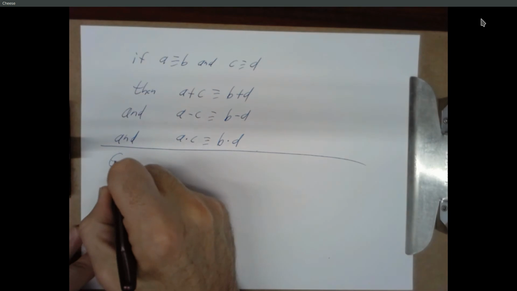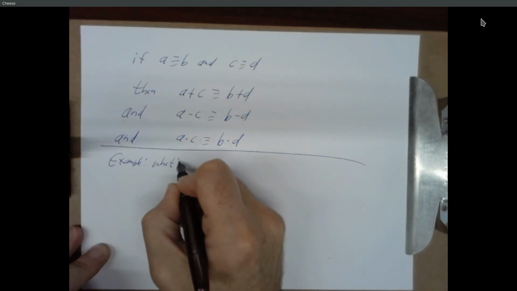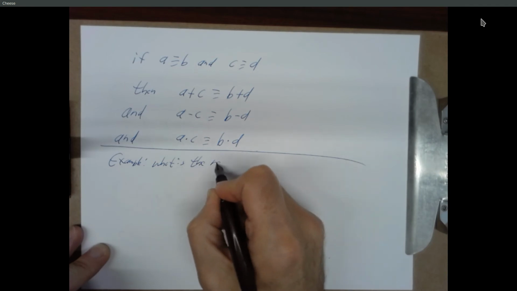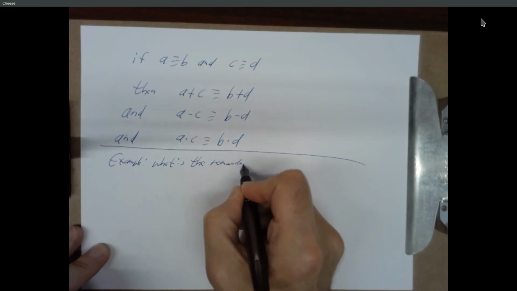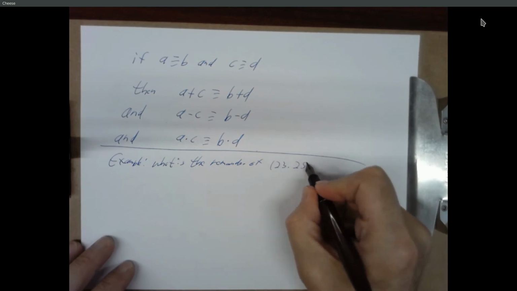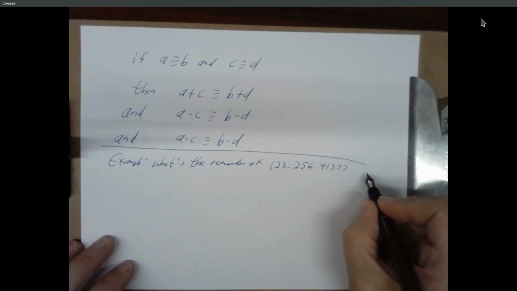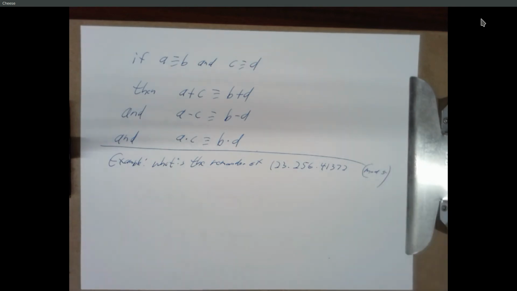So for example, what is the remainder of 123 times 256 times 41,372 modulo 5? If I want to multiply those numbers together and know the remainder when I divide by 5, what's the answer?